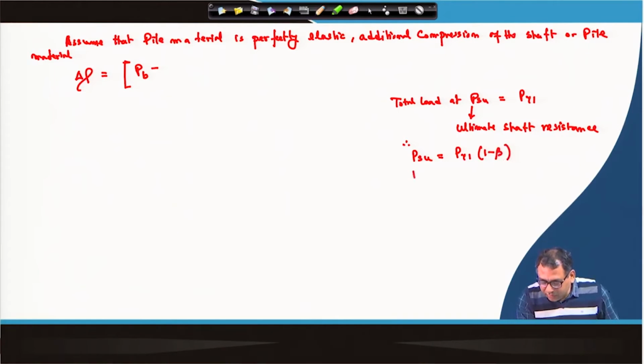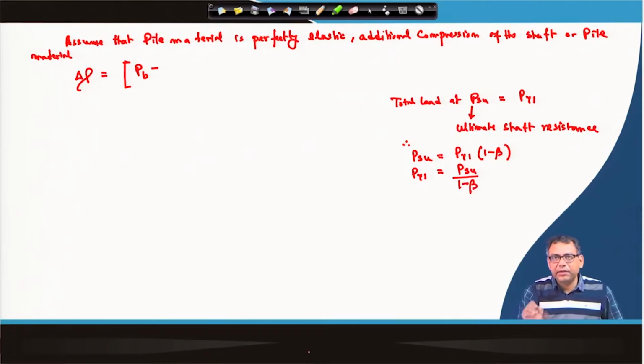So, the total load P y 1 in terms of shaft resistance is P S U divided by 1 minus beta. Now, beta portion of this total load is transferred to the base.